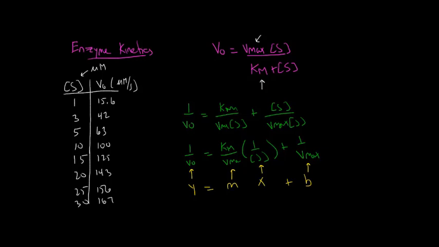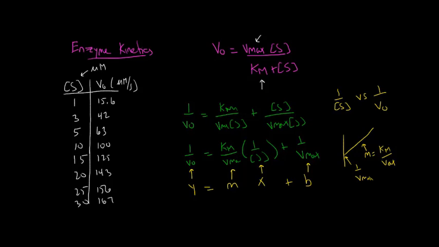So if we plot 1 divided by the substrate concentration versus 1 divided by our velocities, we can get a straight line that has a slope equal to Km divided by Vmax, and the y-intercept is 1 over Vmax. So we can use the y-intercept to determine Vmax, and we can use the slope to determine Km.